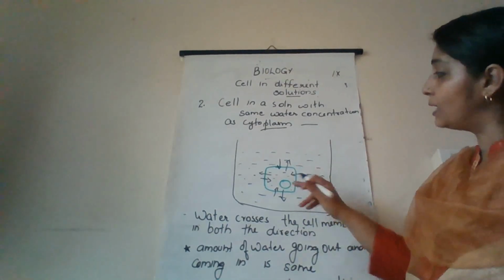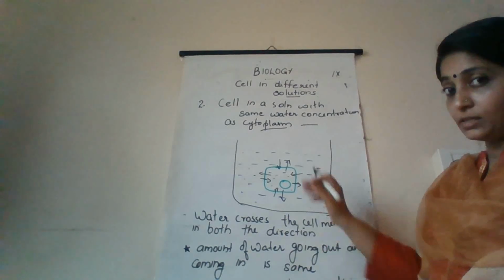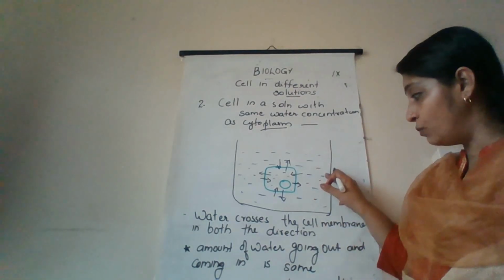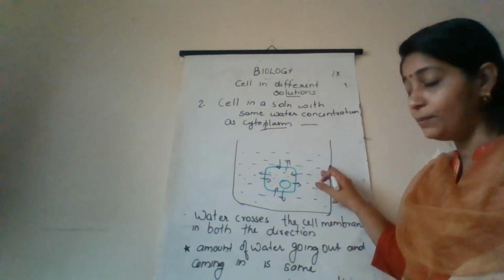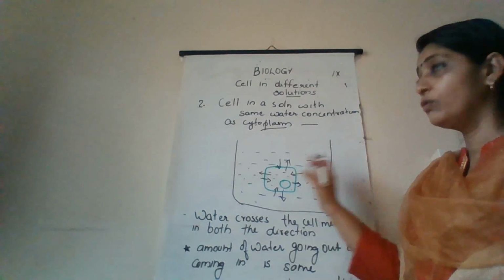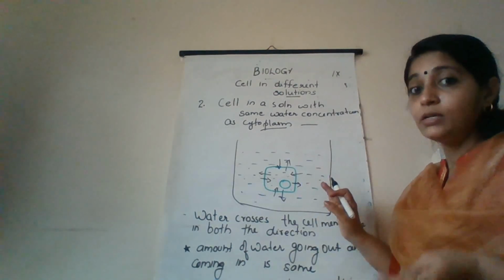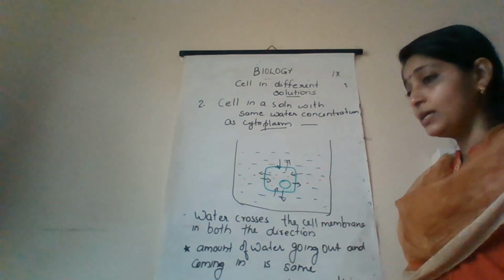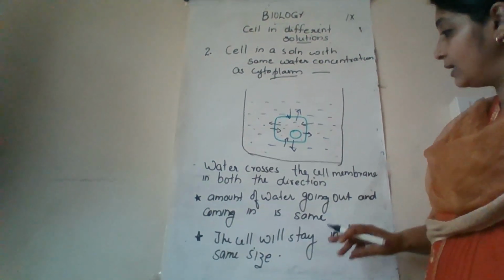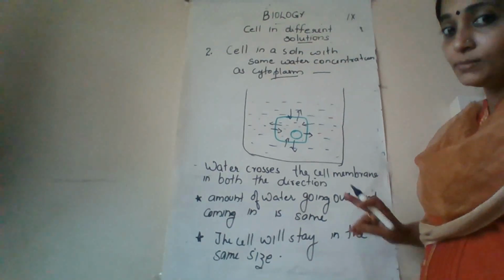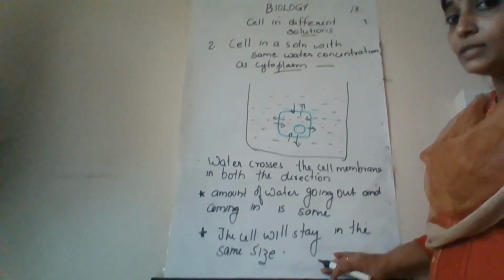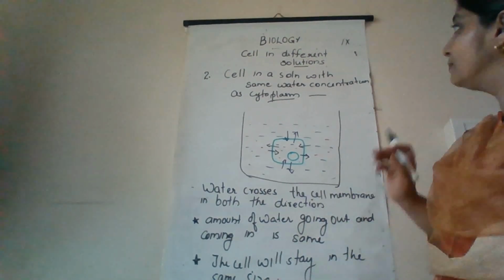The water crosses the plasma membrane in both directions, and the amount of water going out and coming in will always be the same. So in such a case, the cell will remain the same size. Nothing will happen to the size of the cell.